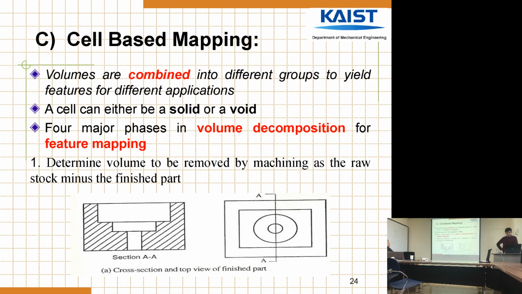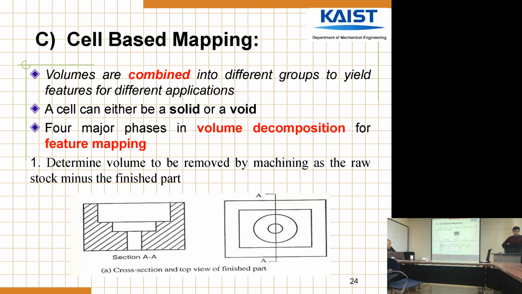As you can see in this diagram, we need to make this kind of hole. The second step is that the material to be removed is partitioned, each material removal volume into some elementary sub-volumes. So the hole which needs to be removed is further decomposed.